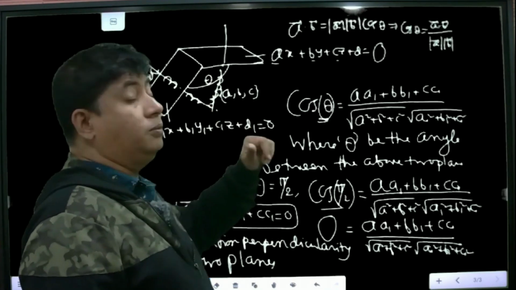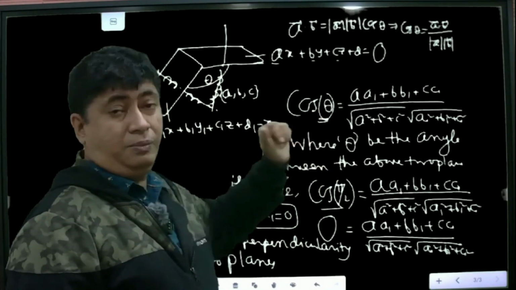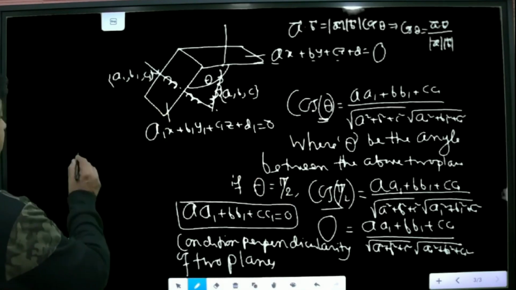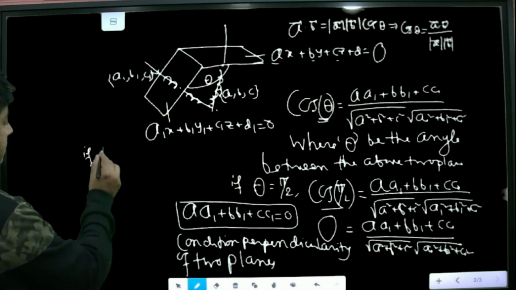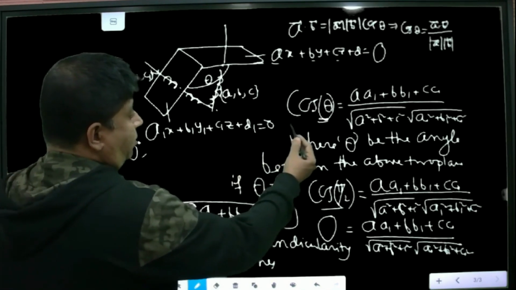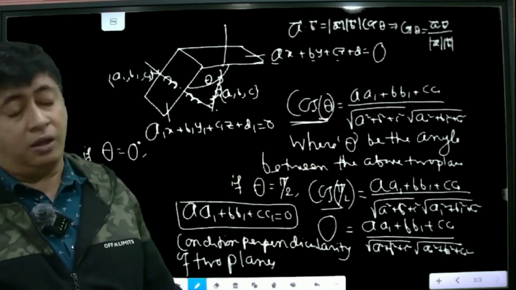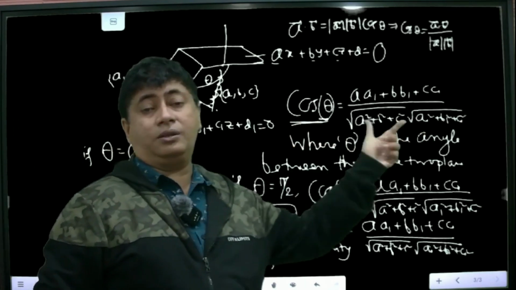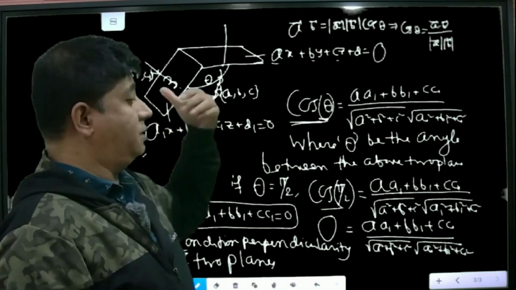Now, the condition of parallelism. If two planes are parallel, what will theta be? 0 degrees. If theta is equal to 0 degrees, cos 0 will be 1. Let us then cross multiply and simplify.